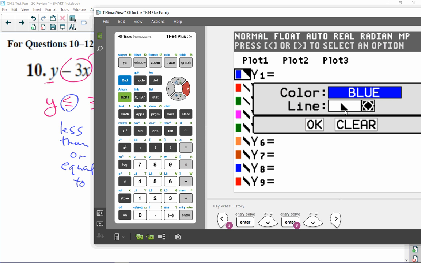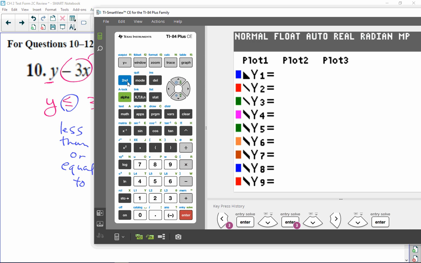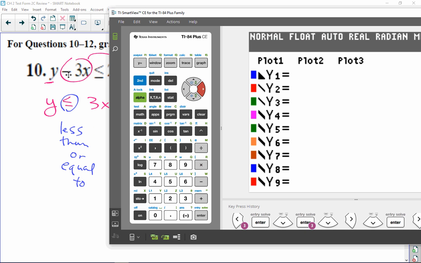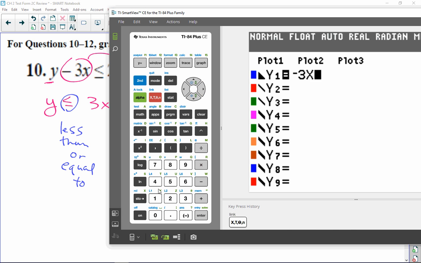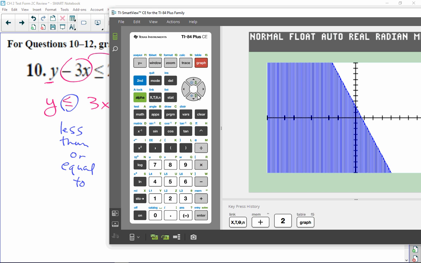You should get this triangle here. Then it just becomes a matter of plugging it in. Make sure if you have a negative, you use the negative button. So +2. Graph it. There you go.